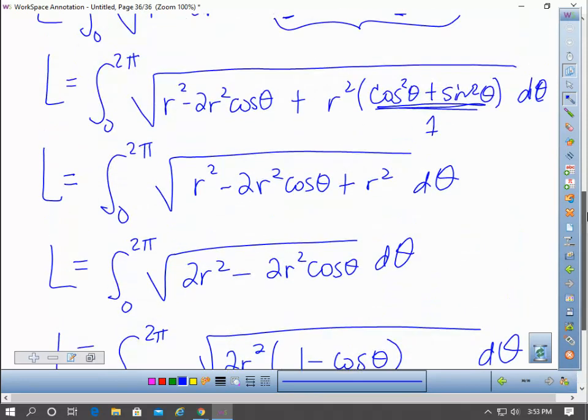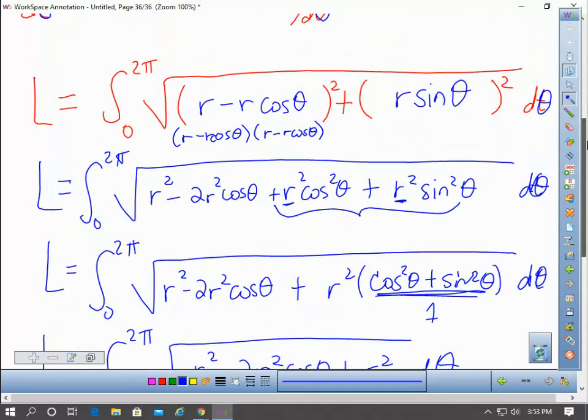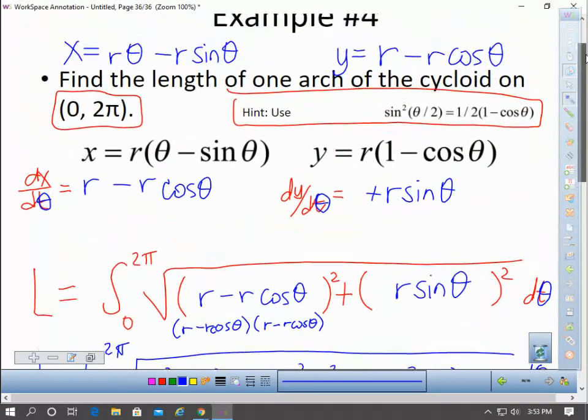So let's go back up to the top of our page, scroll back up to that little hint right here. I have 1 minus cosine theta. It says sine squared of theta divided by 2 is equal to 1/2 of 1 minus cosine theta.